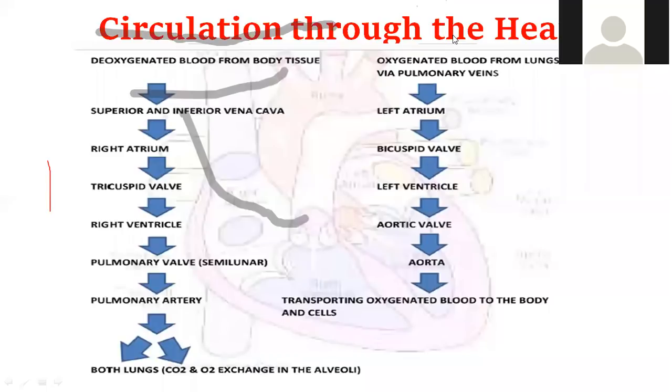Now, in the right atrium, there is a valve that prevents the regurgitation of blood from flowing back. And you know, the tricuspid valve is located between the right atrium and the right ventricle.